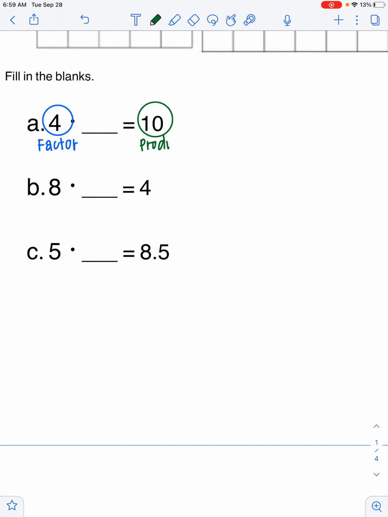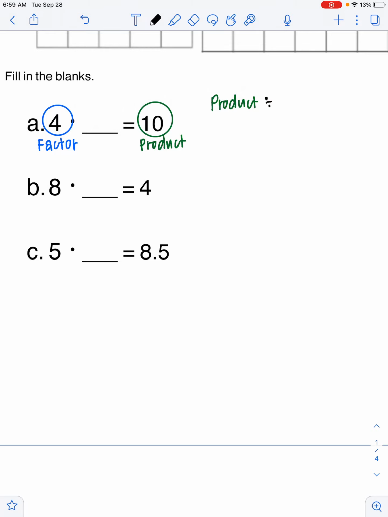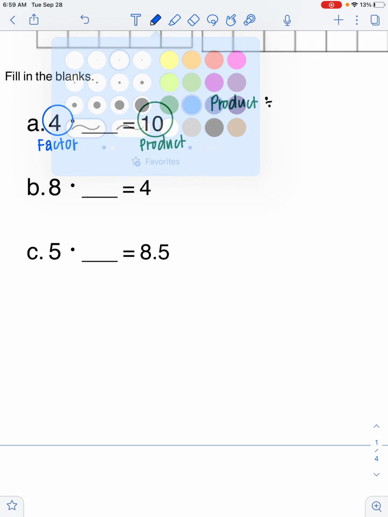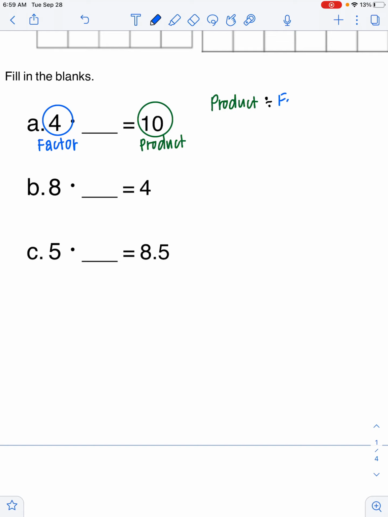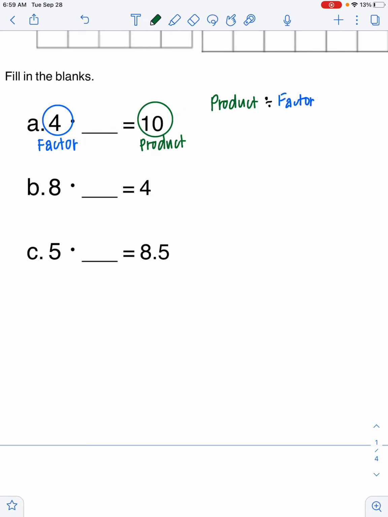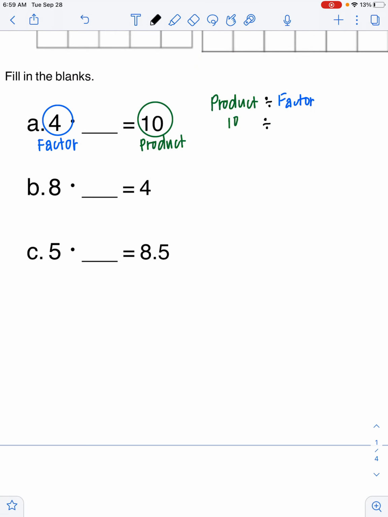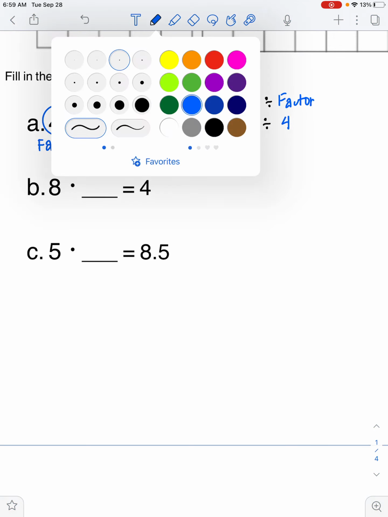We can always divide the product by the factor that we know, and in this case the factor that we know is 4, to tell us our unknown factor. So if we divide 10 by 4, we get a final answer of 2.5.